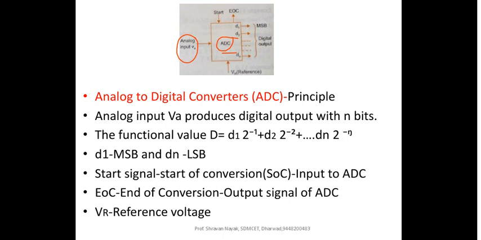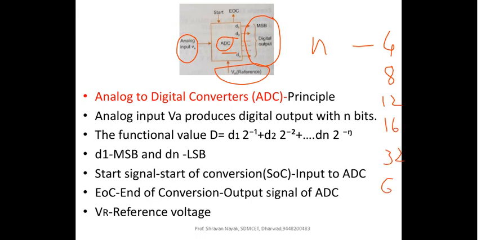Then every conversion here has to take place with respect to a reference voltage, as we have seen in the case of its counterpart, the digital to analog converter. Then you have the output with n number of bits. These bits could be 4, 8, 12, 16, 32, 64, and so forth.